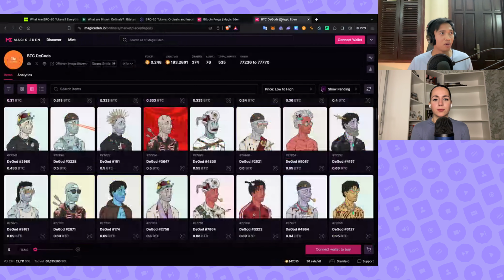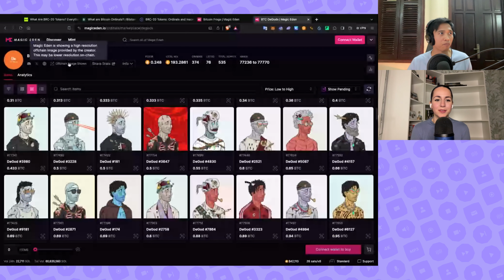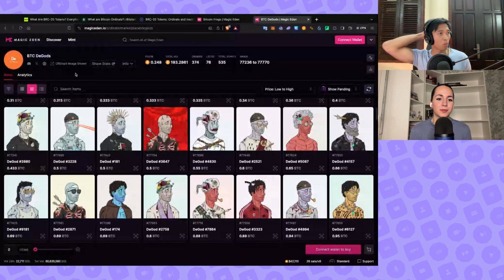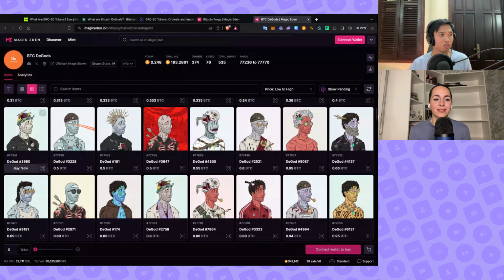Let's take a look at another one of the original collections here. This is BTC D Gods. I don't know why they have this name, but the floor price right now is 0.25, which is roughly more than $10,000, I believe. Yeah, very expensive even for the cheapest one on here.